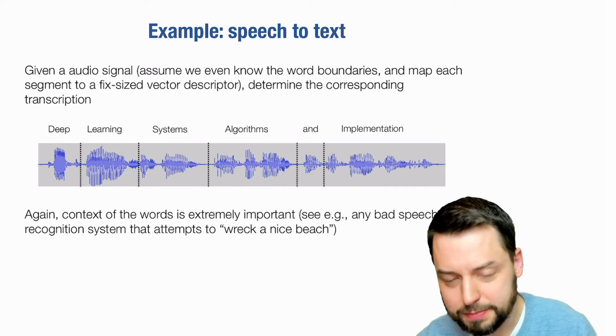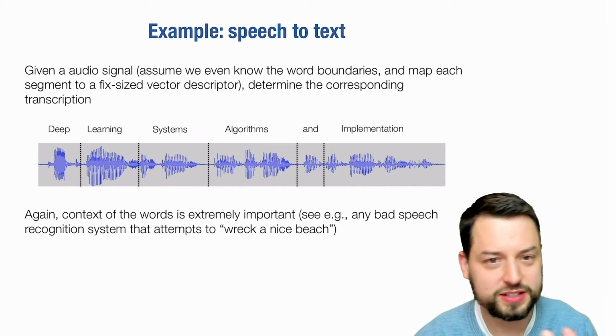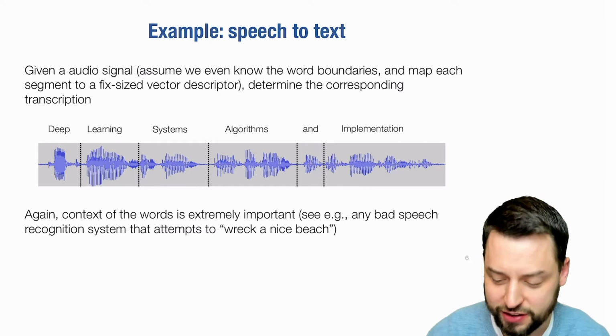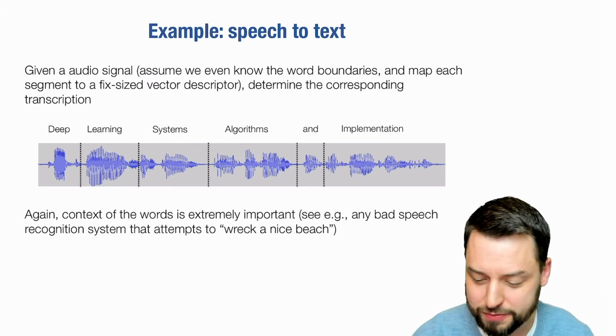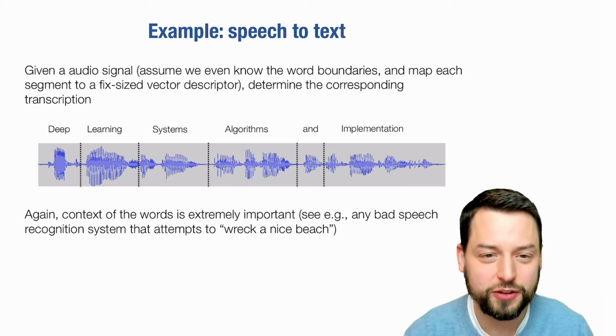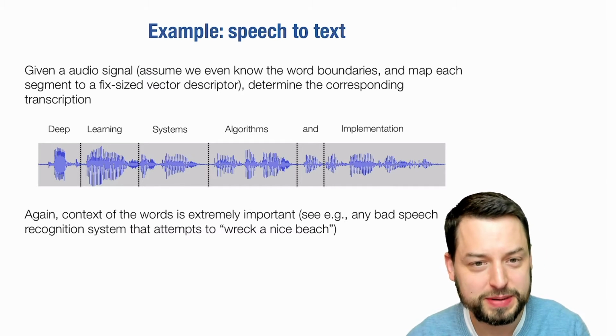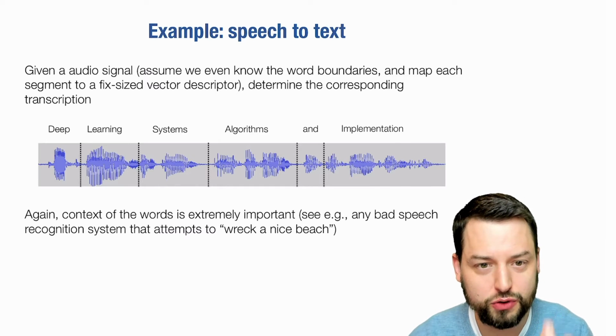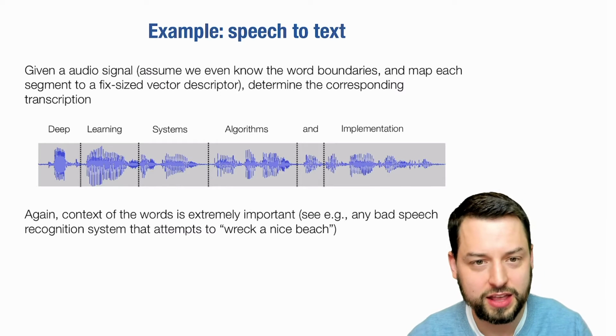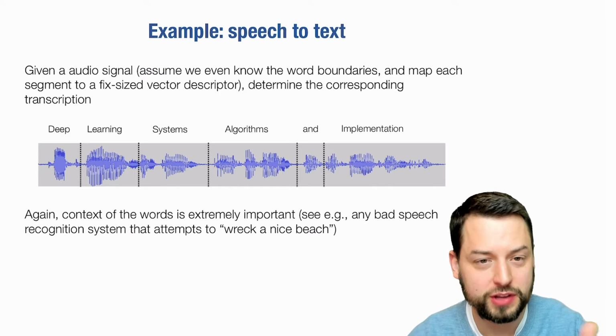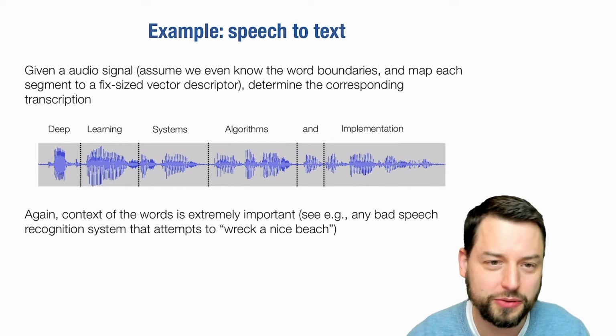And again, to use a somewhat looser analogy here, this example would correspond to different word boundaries in this case. But another key element of speech to text is that it's extremely important to take in the word ordering and the temporal sequence, and also the dependencies between words in general.